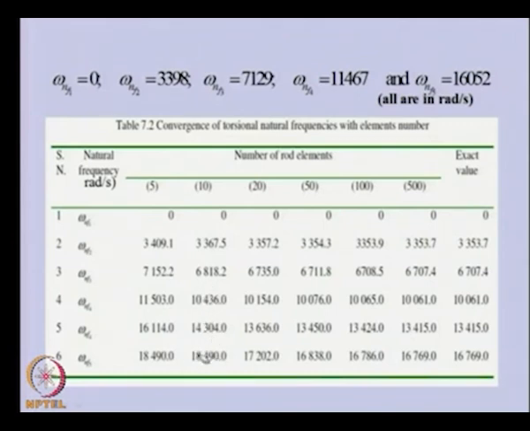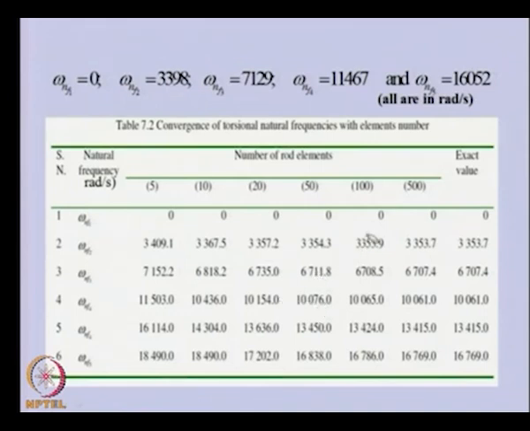This is not changing for 10 elements, but as we increase the number of elements to 20, 50, 100, you will see that most of the values change very little. That means up to 20 elements, hardly 0.1 change is there. Here there is some change.